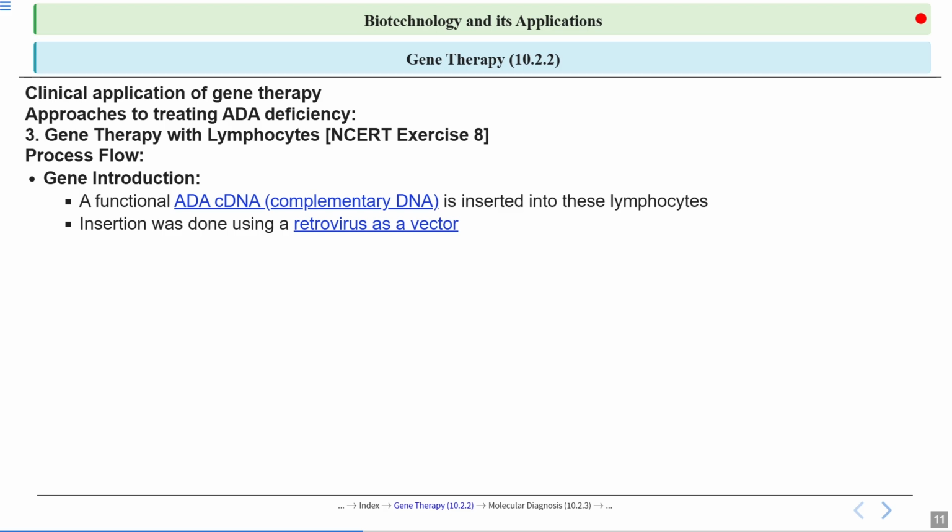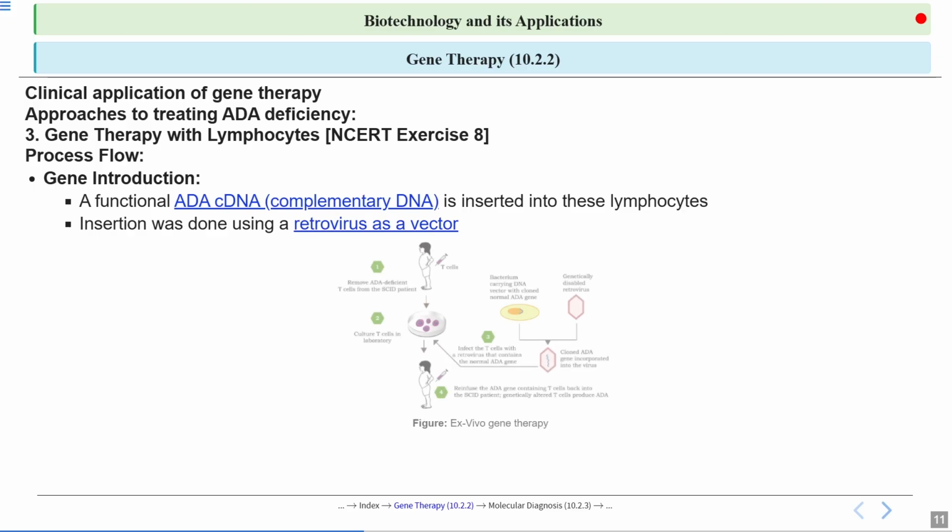But if we disarm it, then it can be used as a vector. So insertion was done using a retrovirus as a vector. Here we are seeing the application of whatever we studied in biotechnology principles and processes, how it can actually be used.